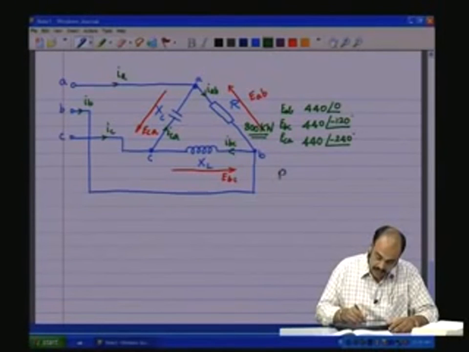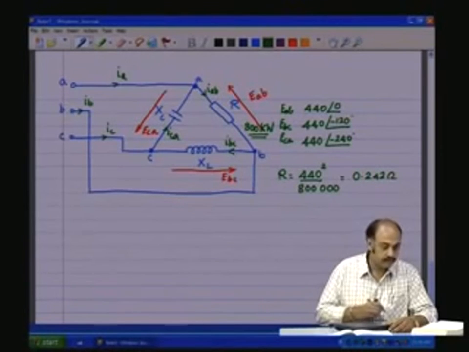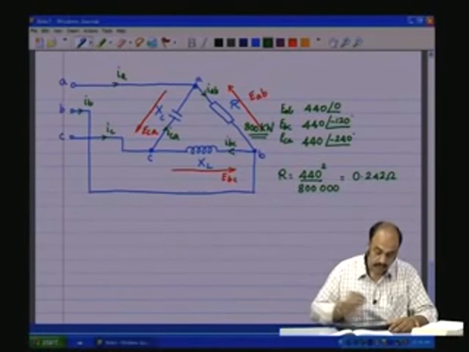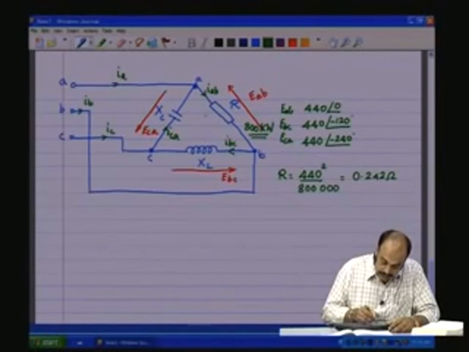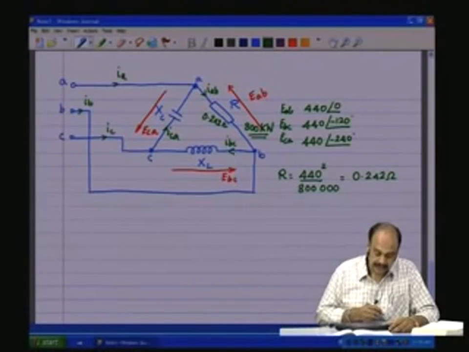So, then R would be 440 squared divided by 800 kilowatts, which is 0.242 ohms. And now, what should be the value of XL and XC?